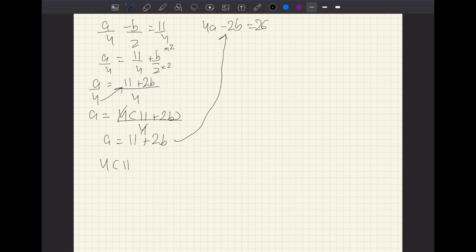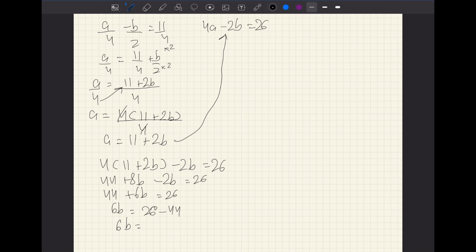So 4 times 11 plus 2b minus 2b is equal to 26, and that's 44 plus 8b minus 2b is equal to 26. 44 plus 6b is equal to 26. 6b is 26 minus 44. 6b is equal to minus 18. b is equal to minus 18 by 6, which is equal to negative 3.